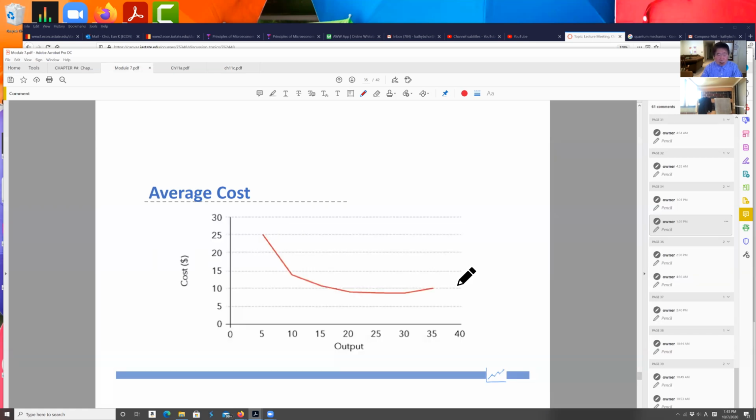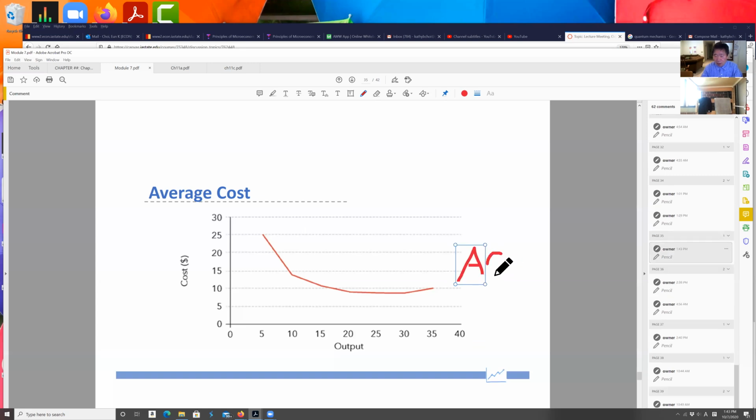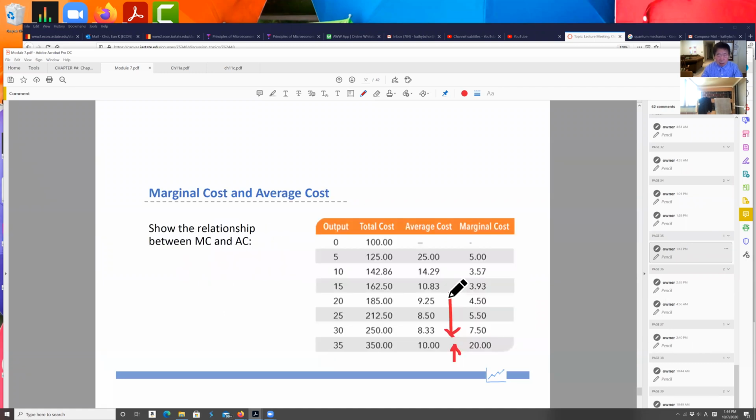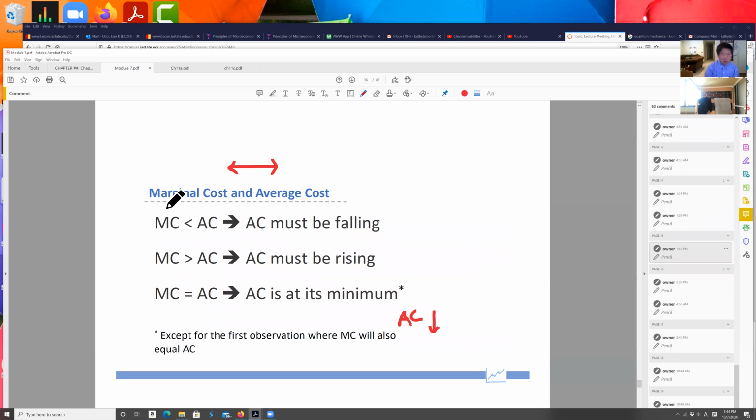So this is the general shape of the average cost curve. It is U-shaped, okay? And here, we just review this. Of course, these are all true, but that's not enough.